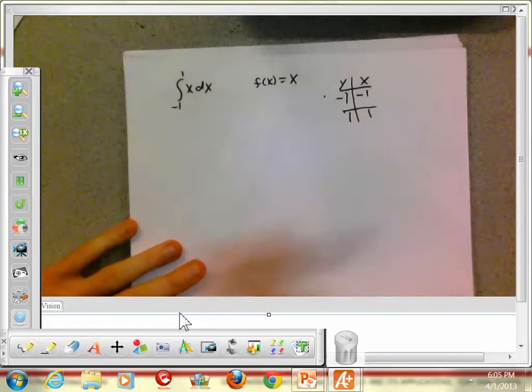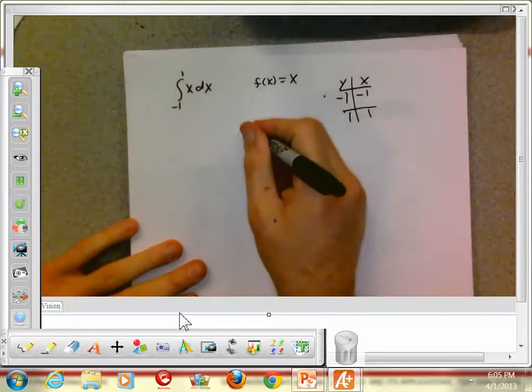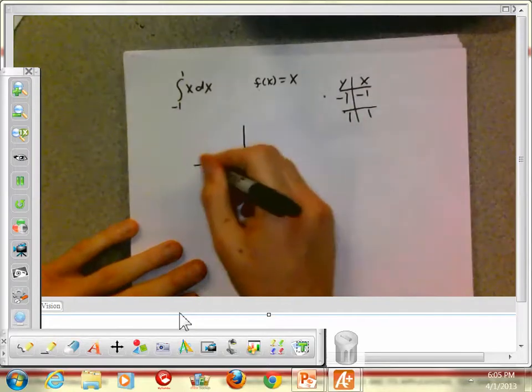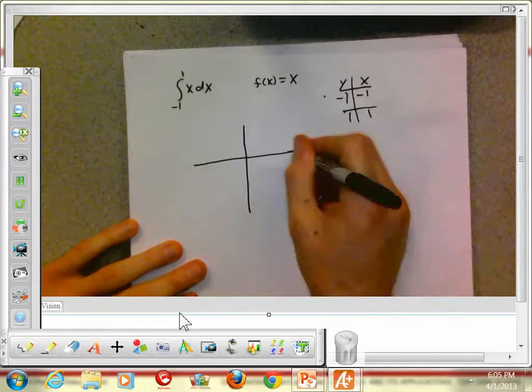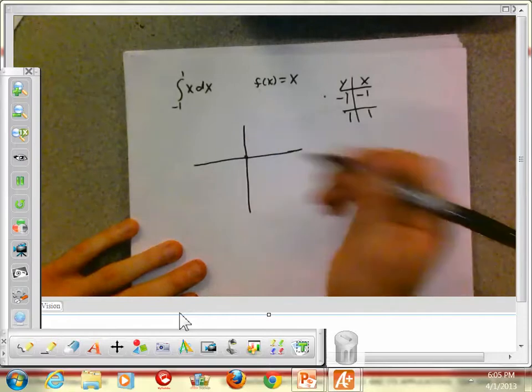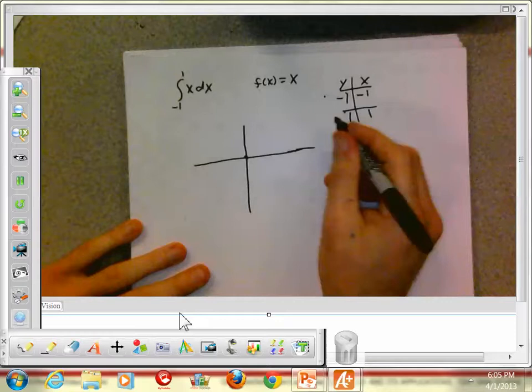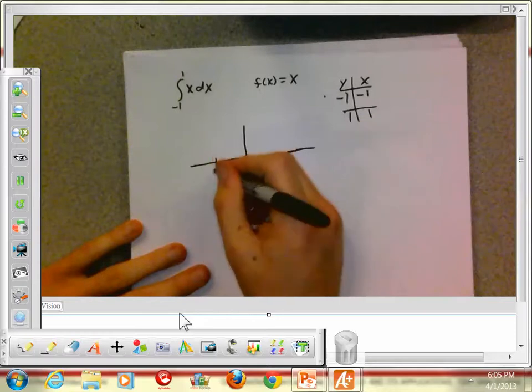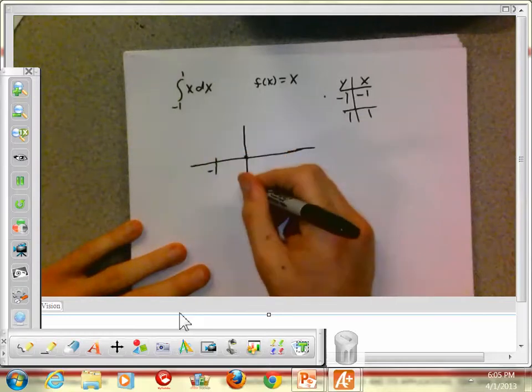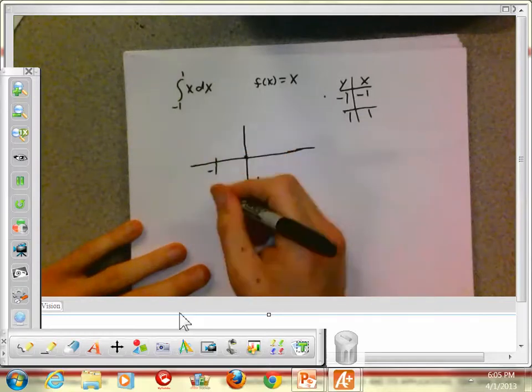Okay, so let's graph this function. And it's 0 at the origin, okay? So when x is -1, the value of y is also -1. So that's going to be this point over here.